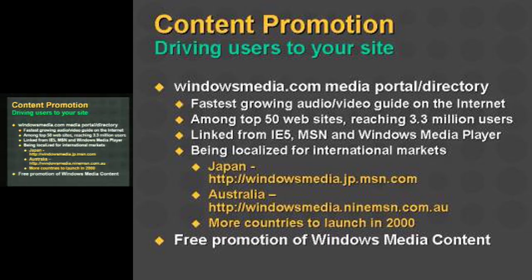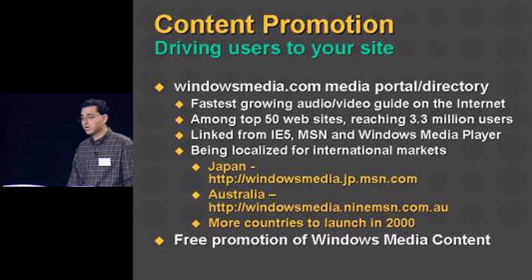Anybody who encodes in our format can get listed in here, and there's an online submission form. You simply fill out the form, tell us what your content is, and give us a URL, and we'll publicize it for you. There's no cost to you at all for this feature. As a free promotion for you, we fund all the cost of running this site and promoting it. It's 100% benefit to you with no competition.